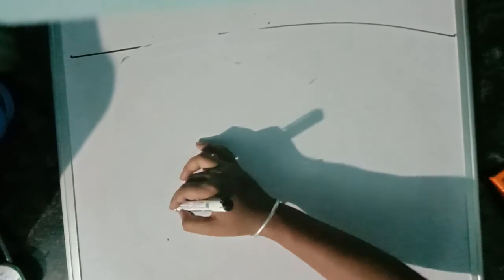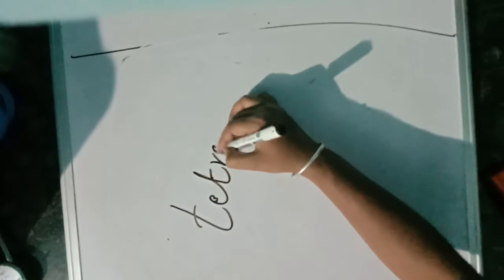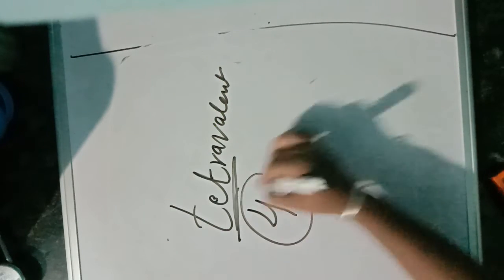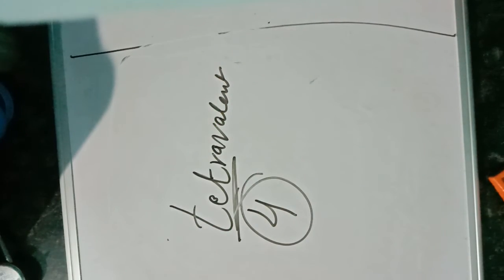So let's start with why carbon is tetravalent. Carbon is tetravalent. Tetra means 4. Okay, so carbon has 4 electrons in the outermost shell, so it requires 4 more electrons to achieve the stable configuration.